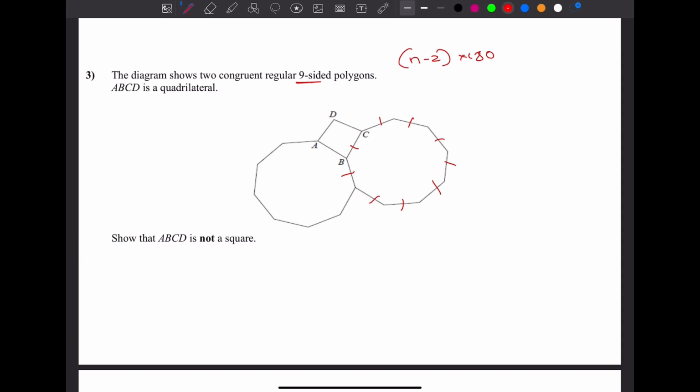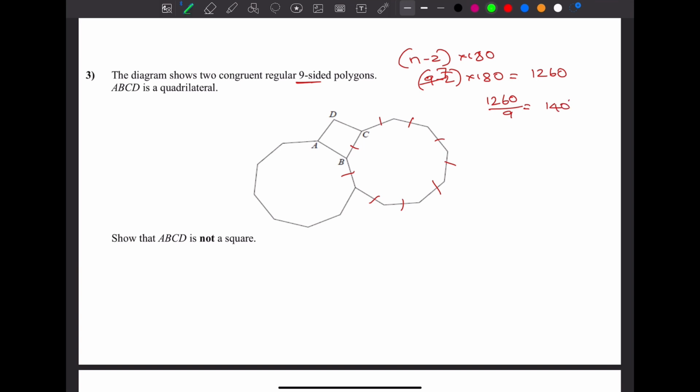That's the total interior angle. N is 9, minus 2, times 180. 9 minus 2 is 7, 7 times 180 gives you 1,260. Then 1,260 divided by the 9-sided shape gives you each angle to be 140.